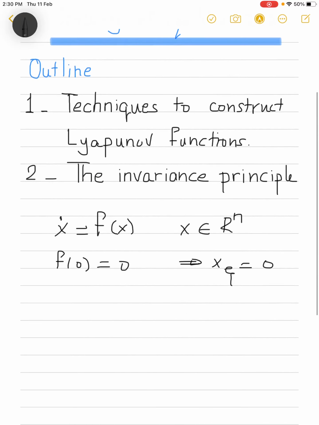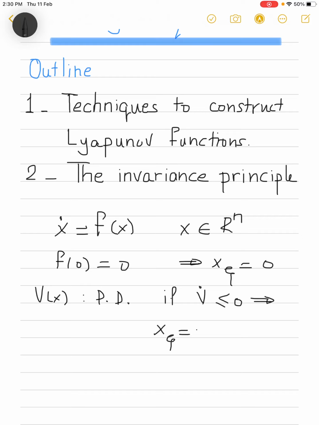Now we investigate the stability of that system by proposing v of x, which is a positive definite function, and if v dot is negative semi-definite over the domain of interest, then we conclude that the equilibrium point at the origin is stable.